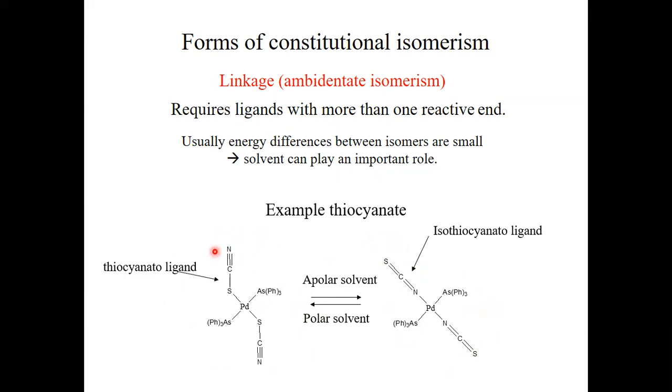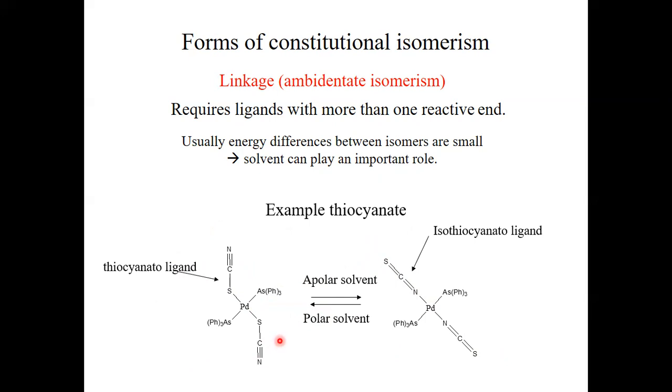One explanation would be that, well, in this isomer, we have the more electronegative element that can make hydrogen bonding with the solvent, being the unreactive end, whereas here the more electronegative atom is bound directly to the platinum, and the sulfur can make less hydrogen bonding to polar solvent, and this may be the explanation as to why. In apolar solvents, this isomer here is preferred, whereas in polar solvents, this isomer here is preferred.